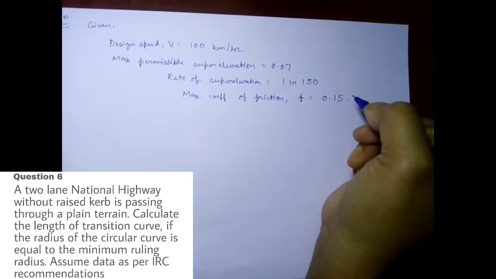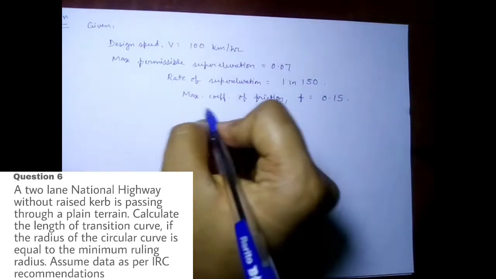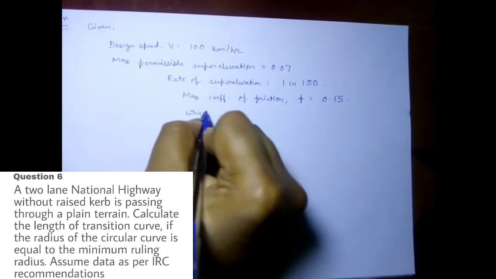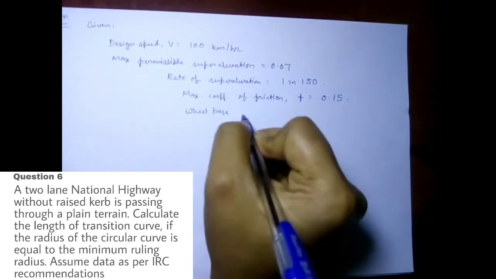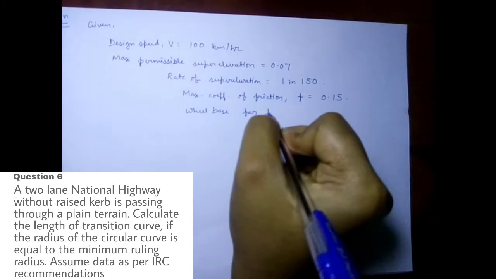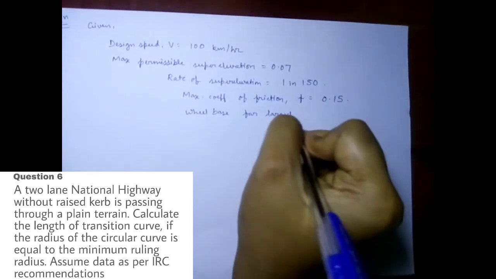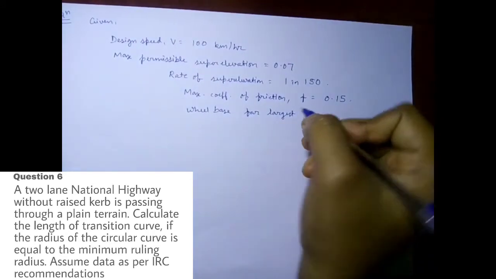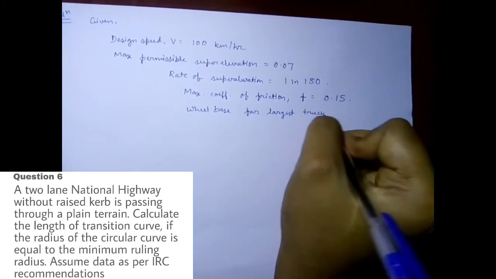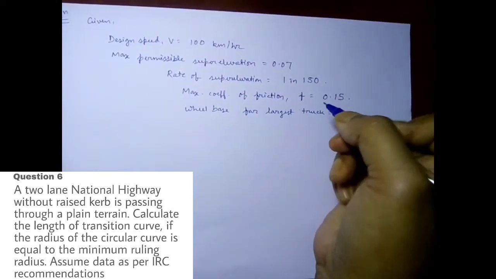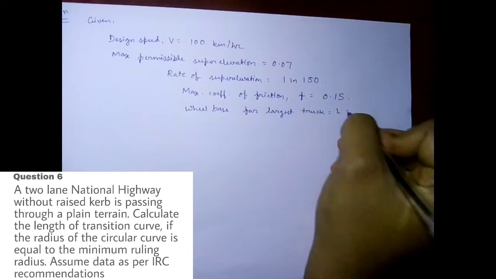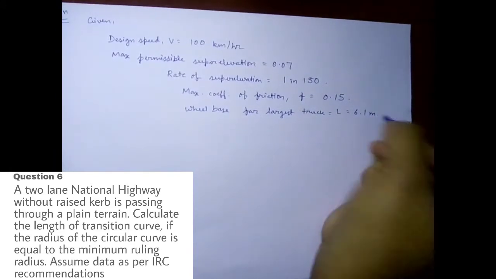This we know as the max possible coefficient of friction, and wheel base for largest truck is equal to L equal to 6.1 meter.